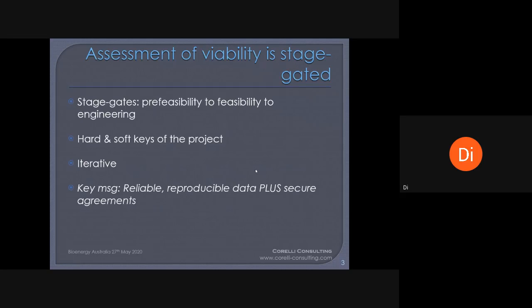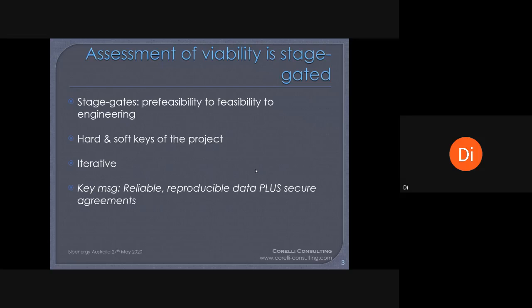A viability assessment is generally a stage-gated process with key decision points, especially at pre-feasibility and feasibility phases. The viability of the project can reflect both hard and soft keys.